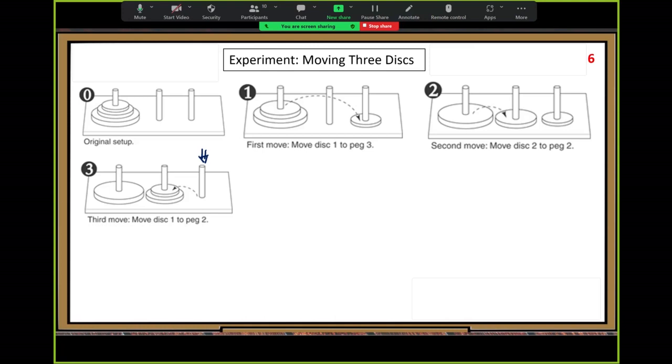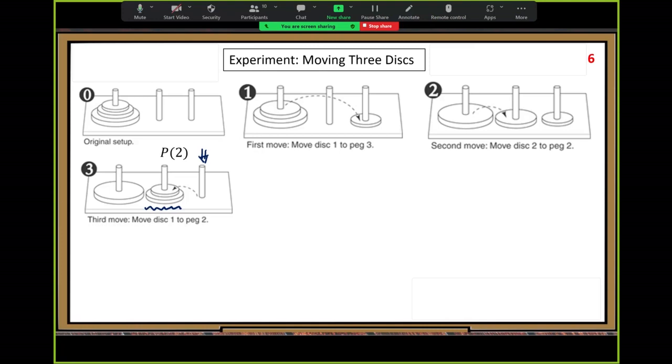So now we move the largest disk to the destination peg. But here you can see the situation. What you see in peg number 2, that's the solution of P of 2, right? We just did a solution of problem size 2.